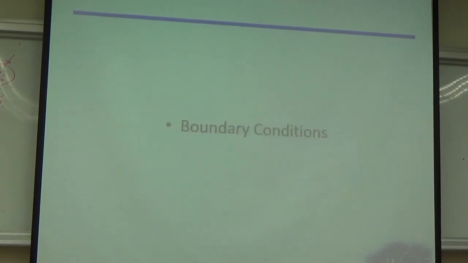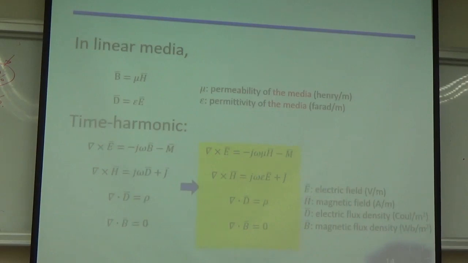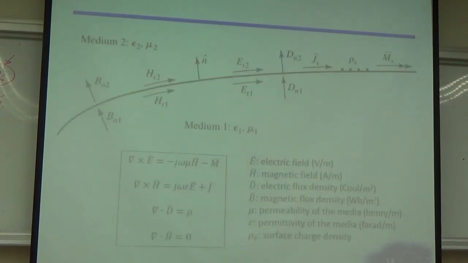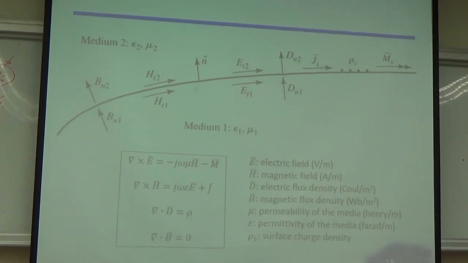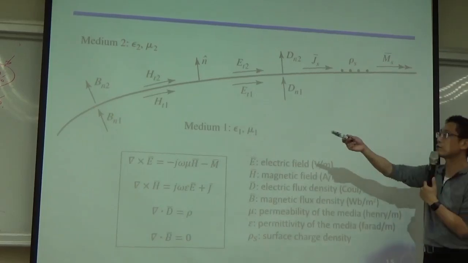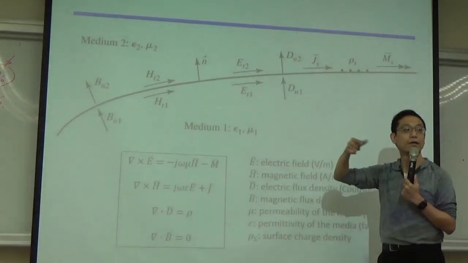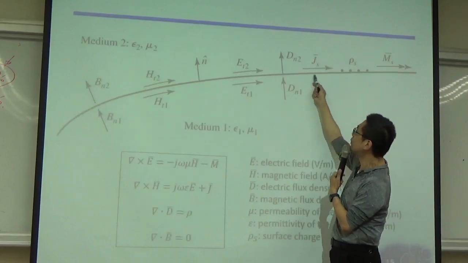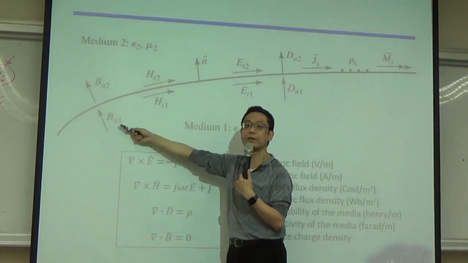Okay. The boundary condition: after you understand those four equations, we try to apply the equations at the boundary. You can simplify the question by just using a line. You don't use a curved boundary, right?